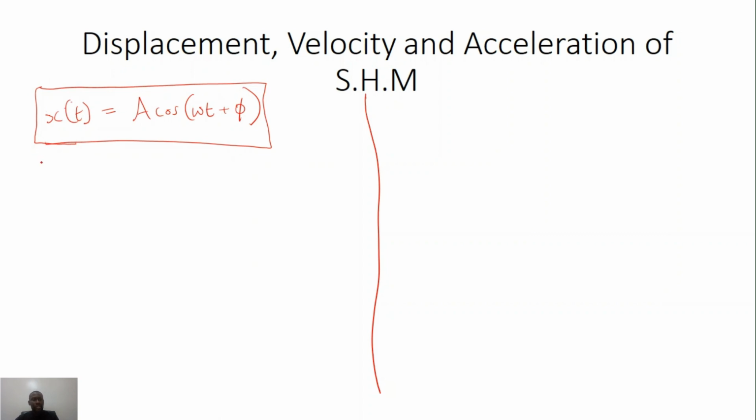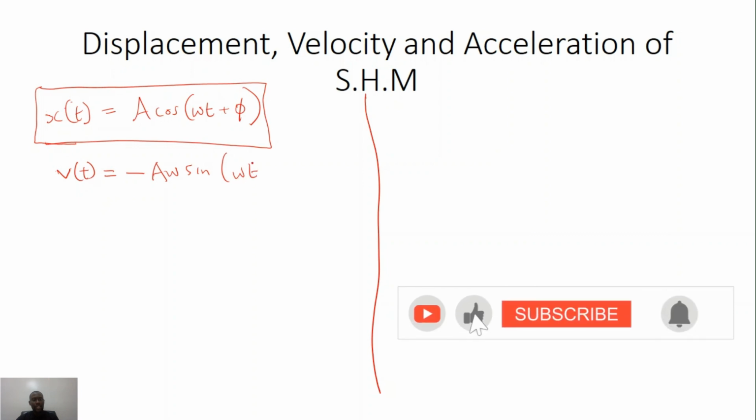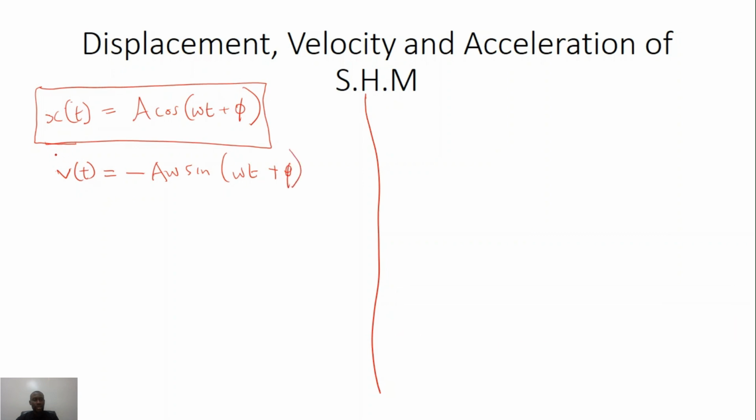In physics, velocity expressed as a function of time is usually the first derivative of the displacement, and when you differentiate this, dx/dt, it will give you minus a w sin(wt plus psi), where w is angular velocity, t is time, and psi is a phase constant. And this equation expresses the linear velocity of a body undergoing simple harmonic motion.